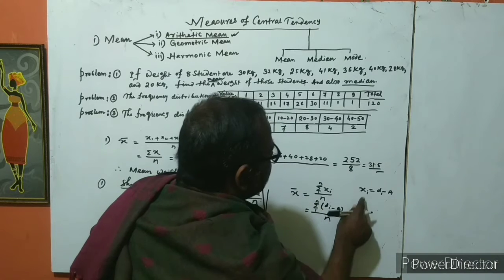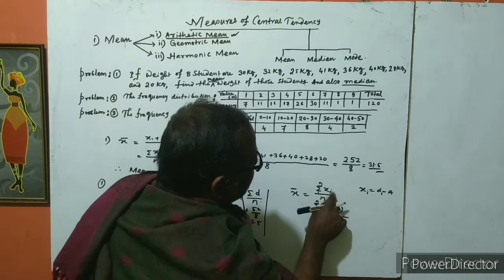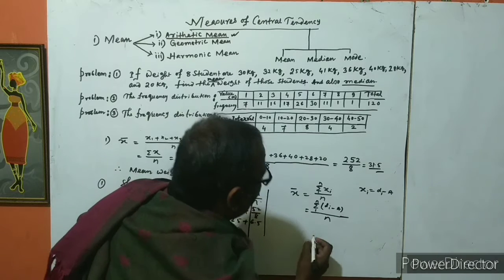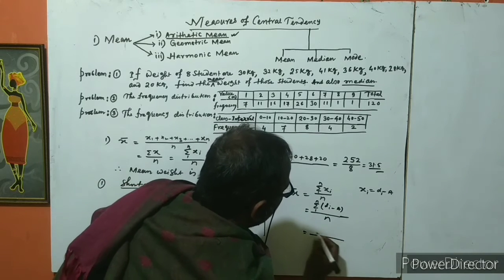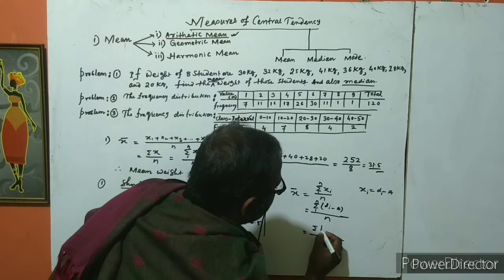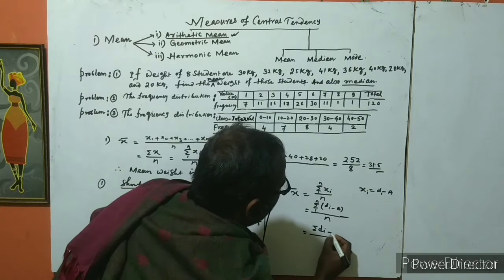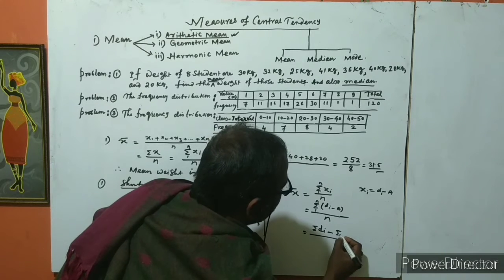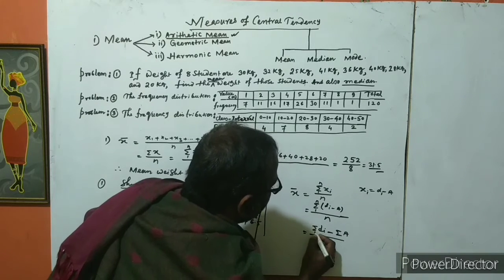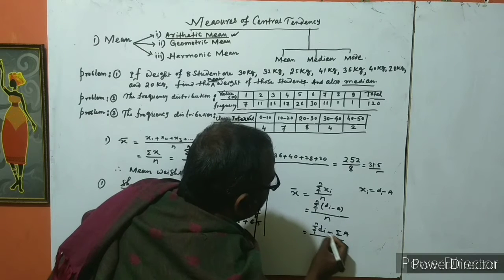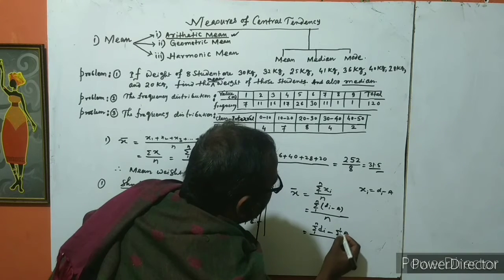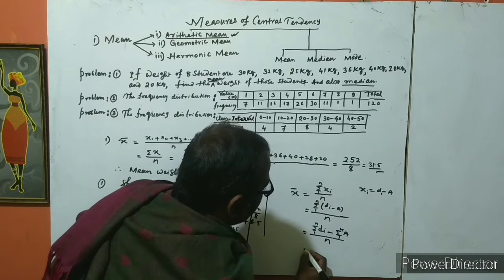So for the summation, there is the summation of di and also the summation of a, with i equal to 1 to n, divided by n.